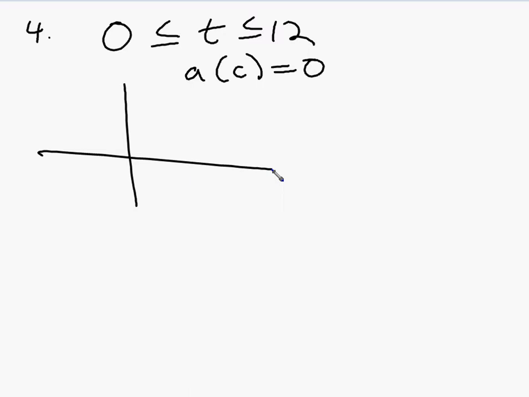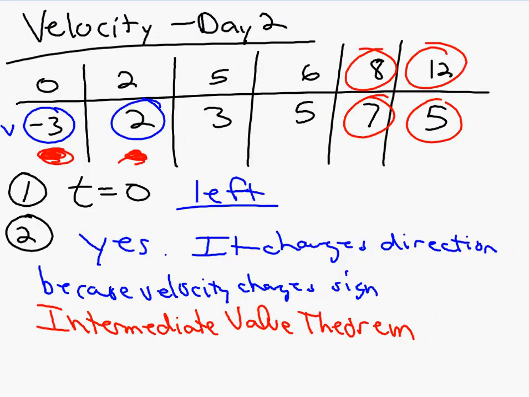So if I have a constant function, if the velocity stayed at a constant value, then we could also say that the acceleration is equal to 0, right? So let's go back to my table, okay?